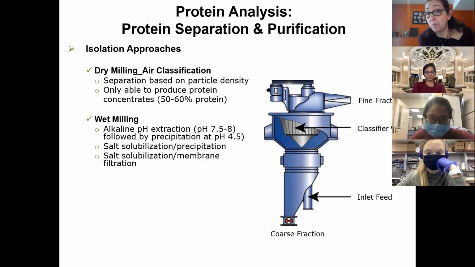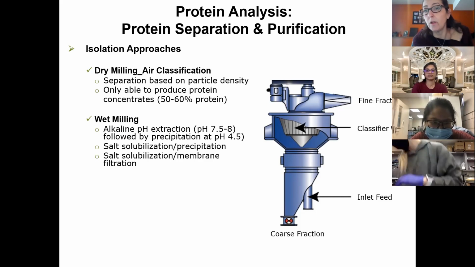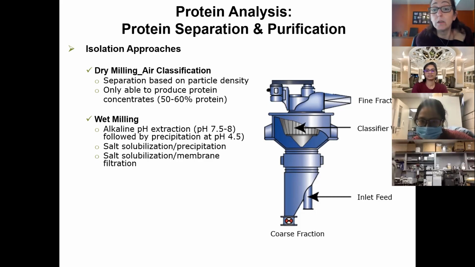With the dry milling process, it is basically air classification. So they spin the powder, the flour. So let's say in pea, you get the split pea, you remove the hull, you split the pea, and you mill it into flour, and then you put that flour into an air classifier.